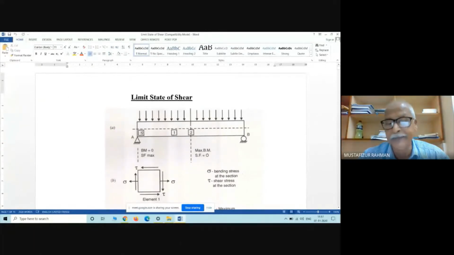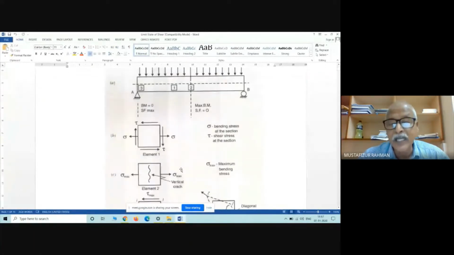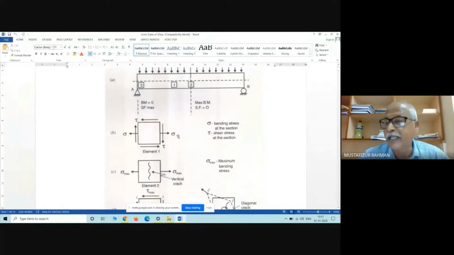Now why? These diagrams are from your strength of materials. This is element 1, that means at this location. First, let us discuss figure 2, this figure. In this figure, the member is subjected to only bending moment. At this location, the member is subjected to only bending moment, no shear force.